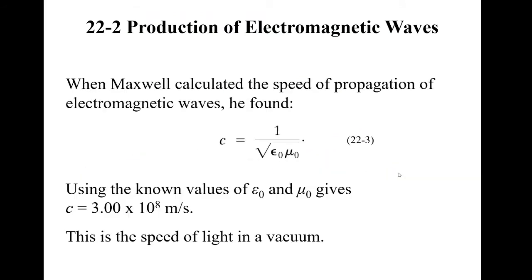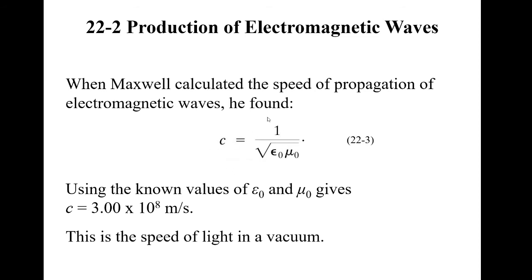Here's another graphic. Okay. So electromagnetic waves move at the speed of light, and Maxwell determined this, and you may recognize epsilon naught and mu naught from individual chapters over electricity and magnetism.